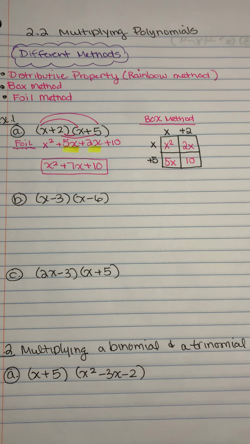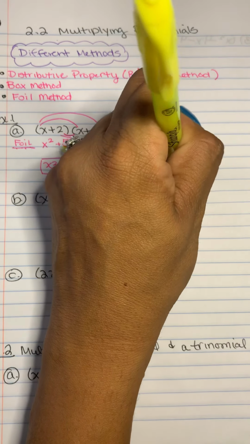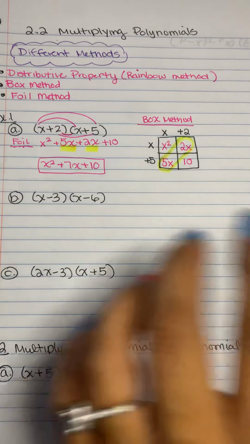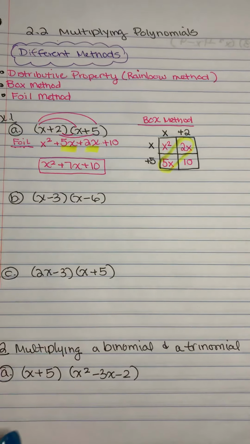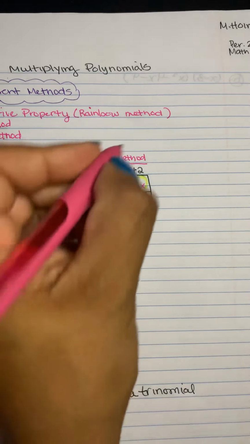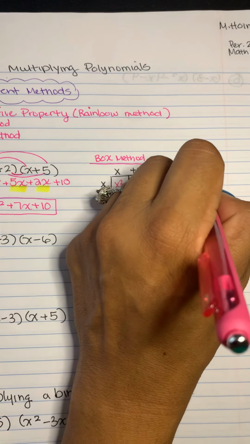Okay, once you have that inside your box, you'll notice that the diagonals, you will be able to combine those like terms. Okay, and it's up to you. You can write everything out on the outside of the box and then combine like terms. Or you can simply combine the terms on the inside and write down your answer. And we end up with x squared plus 7x plus 10.